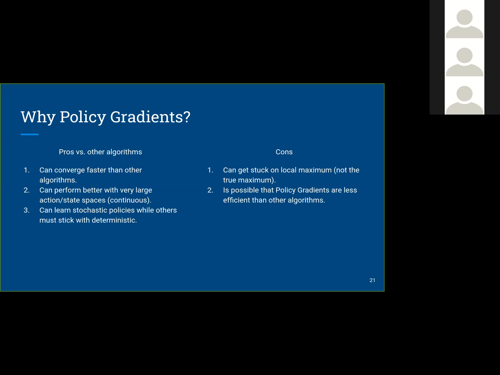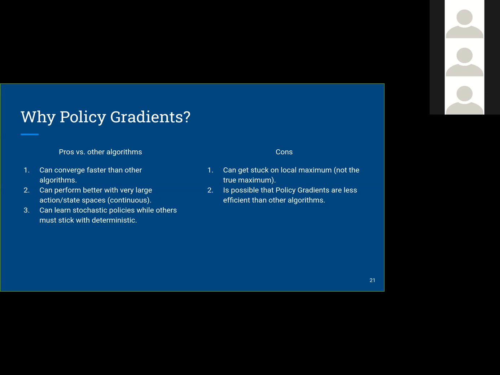Now, the con is that this is also vulnerable to getting stuck in local maximum and minimum. With Q learning, the key advantage is that it always strives to reach the optimal state because it goes for the maximum. But policy gradients can get caught up in near optimal situations, so it might not reach the best performance possible for that problem.